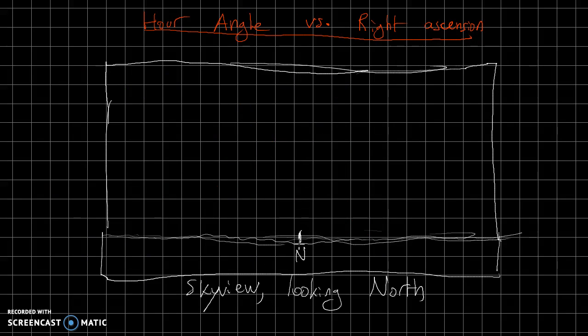So let's take some arbitrary points in the northern hemisphere, so that at some point here we have the NCP. This is your local meridian, and the stars will appear to rotate around the NCP here. So the hour angle going from NCP, so we're looking north, this is east, this is west.